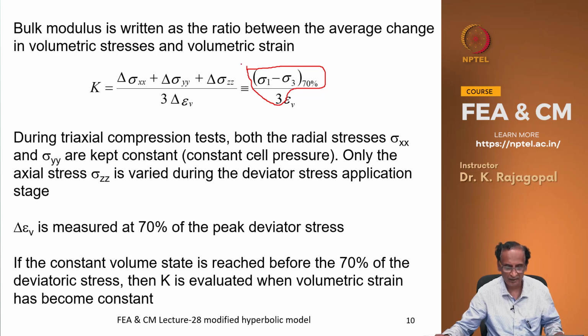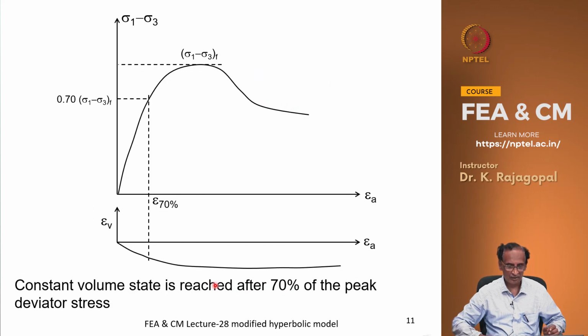So, this is our mean normal stress divided by our volumetric strain, epsilon v, which gives our bulk modulus. In case we reach the constant volume state before 70% of the deviator stress is reached, then K is evaluated when the volumetric strain has become constant, like this.